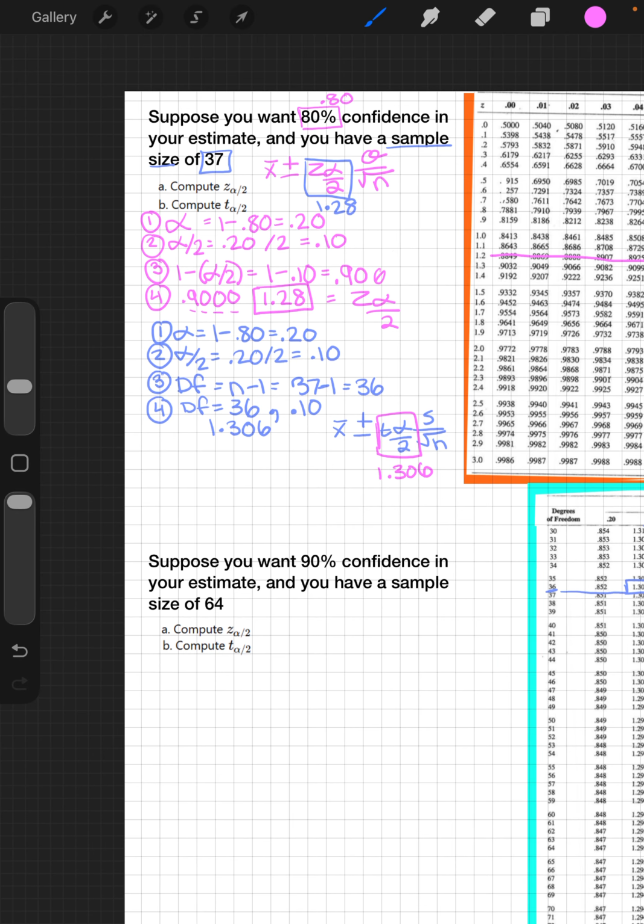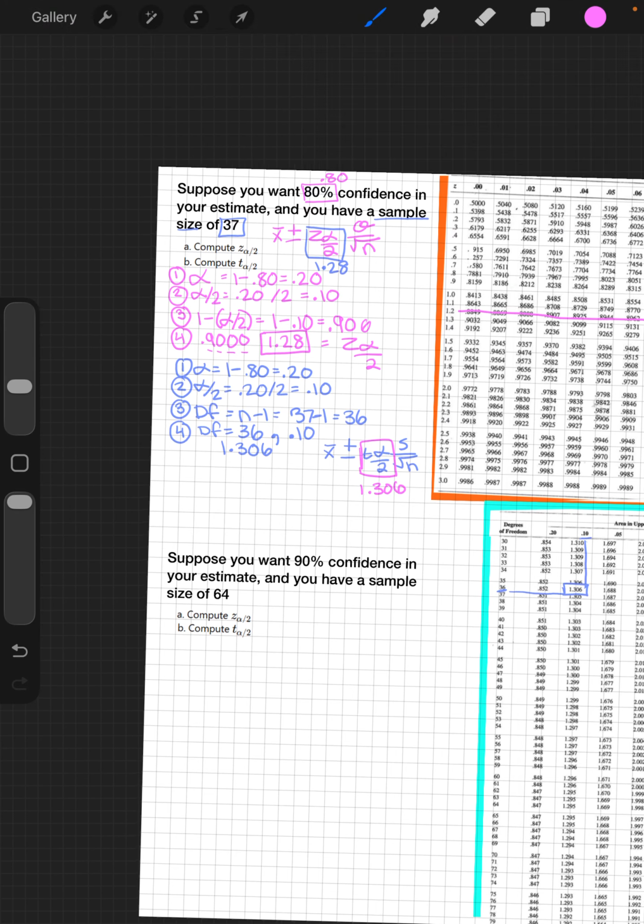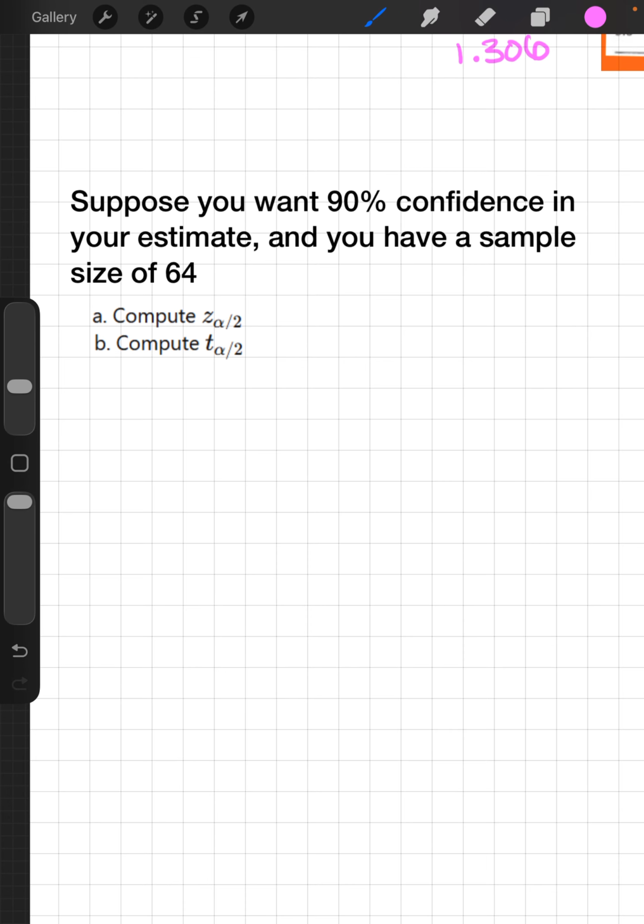Now I'm going to go with the second problem. To find for z, I'm going to do 1 minus our confidence interval.